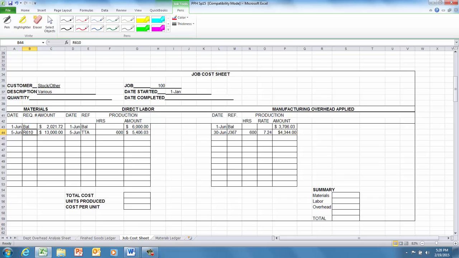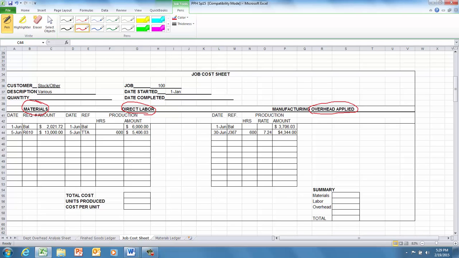Under the requisition number you would put R610. Under the amount you would put 13,000. And notice that there's a materials section, there's a direct labor section, and there's an overhead applied section on each job cost sheet.